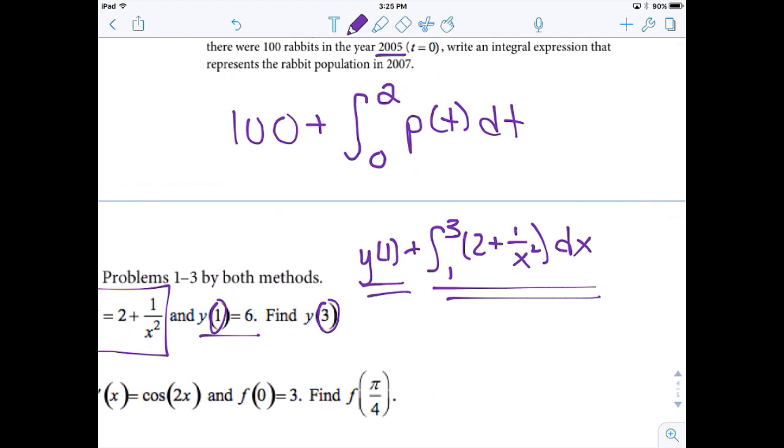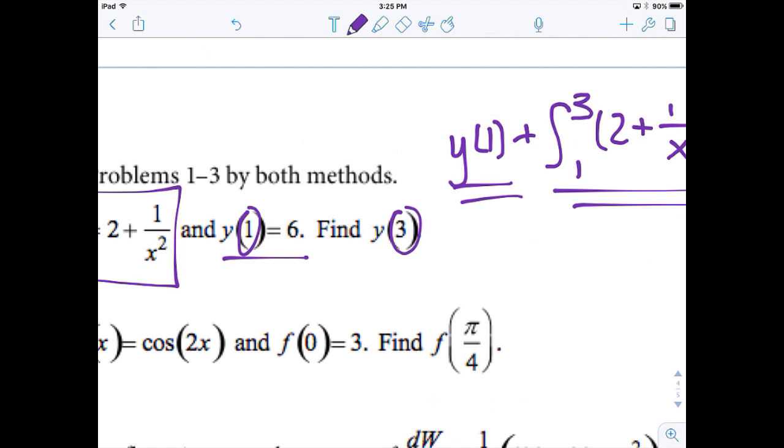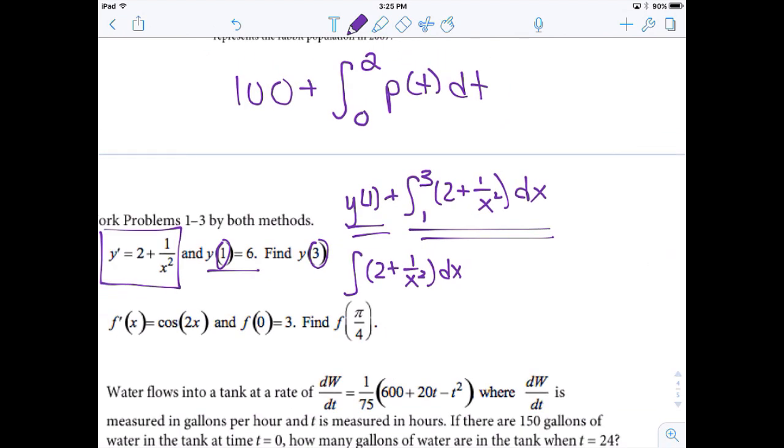Now, the other way to do this is to say, okay, maybe I forgot this initial plus net change thing. But we have this puzzle from the fundamental theorem, which is that the integral from a to b of this, because that's y prime, should be y of our upper bound minus y of our lower bound.